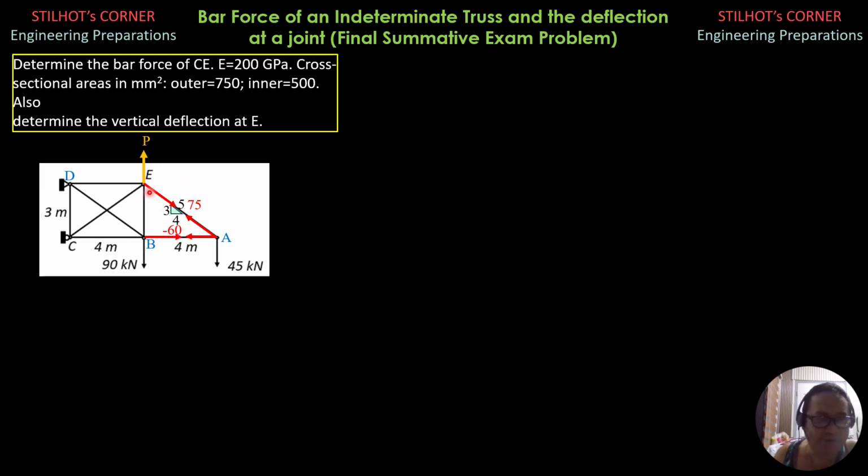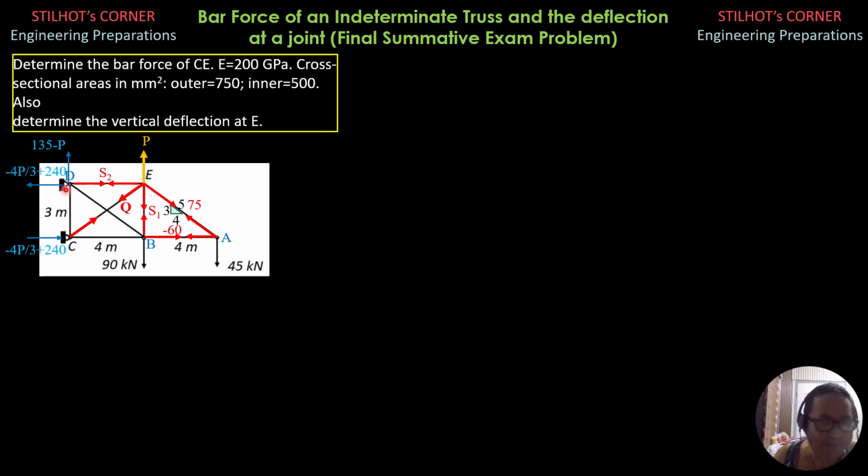Then proceed to joint E, mark the members as the following. This is the bar force, the redundant force, member CE, because we solved this by least work. Then BE stress 1, DE stress 2. These are the reactions, by the way.